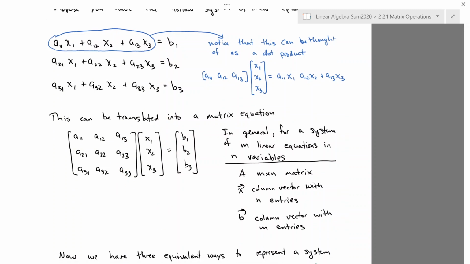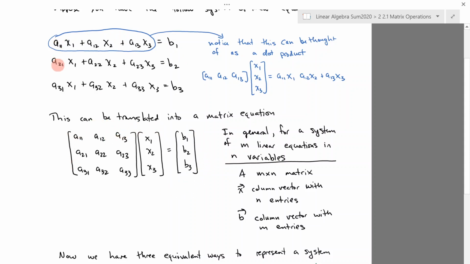The first equation is the dot product of this row with this column equal to b1. The second equation is the dot product of this row with this column equal to b2. And the third equation is the dot product of this row with this column equal to b3. So the system of linear equations can be written as this matrix equation here.